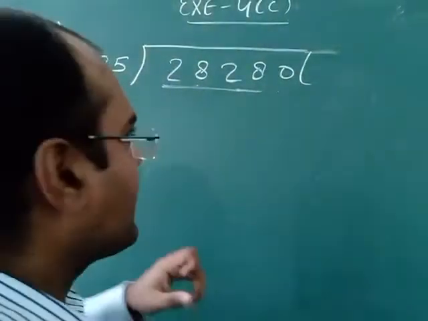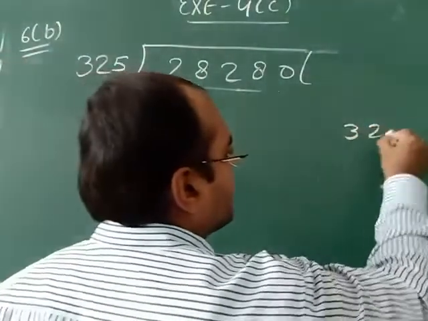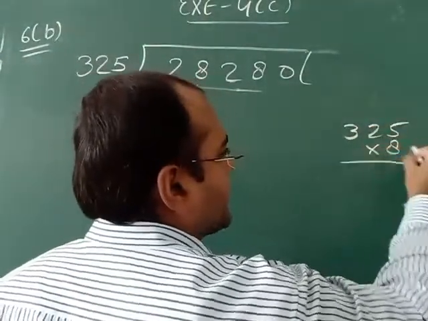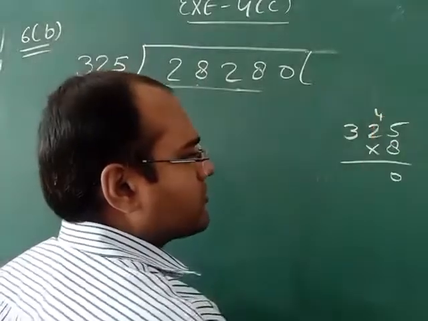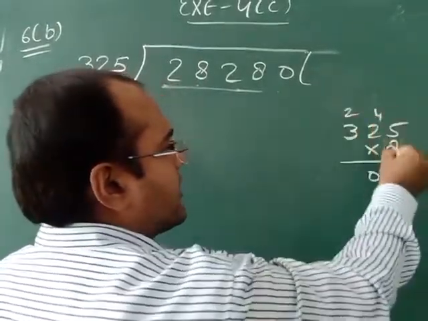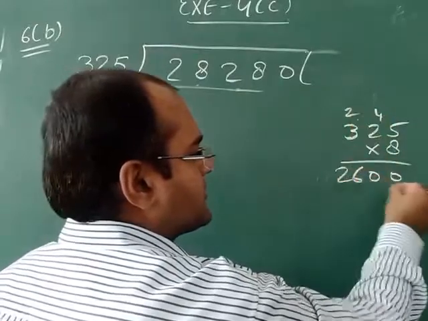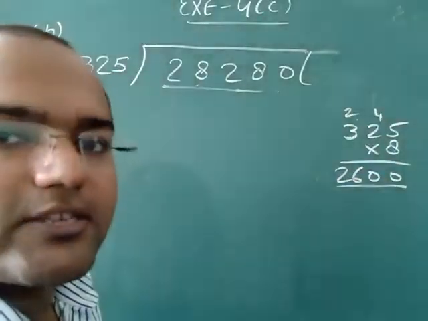If we multiply 325 by 8: 8 5 ja 40, 8 2 ja 16, 16 plus 4 20, 8 3 ja 24 plus 2 26. We will get 2600.